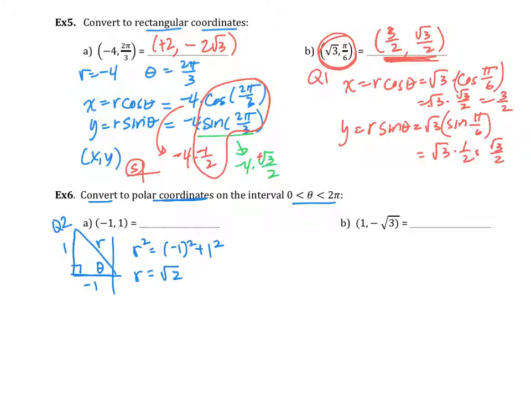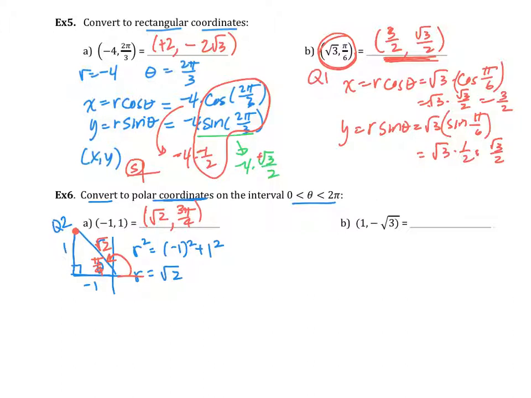So I have a special case triangle right here. It's 1, 1, √2, which means this angle measure is pi over 4. So if I'm in the second quadrant, I can either go out positive √2, right out here, and then rotate positive 3 pi over 4 to get to this point.